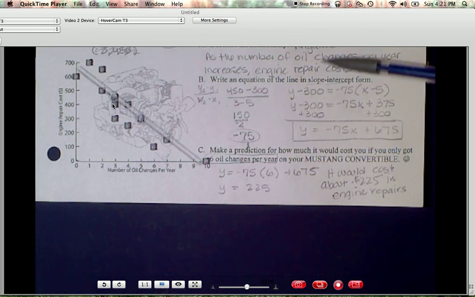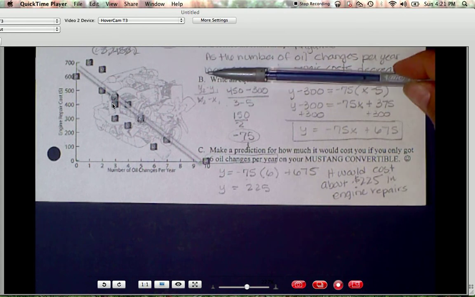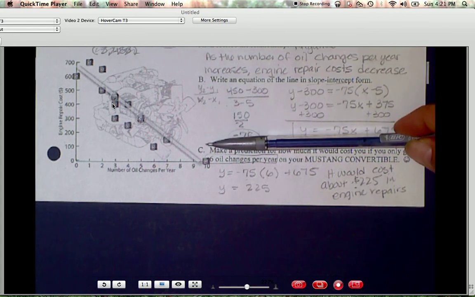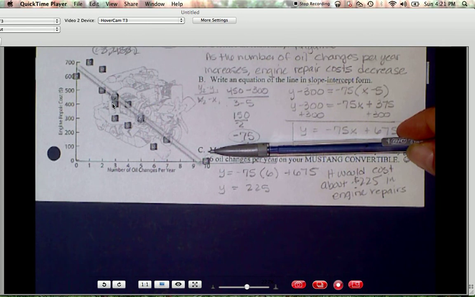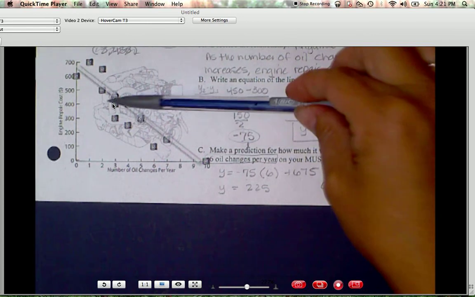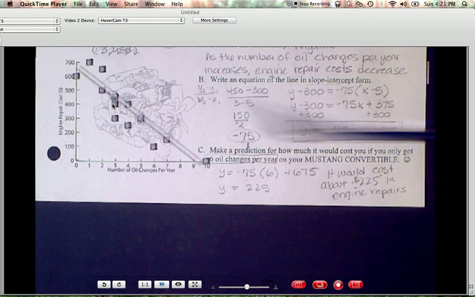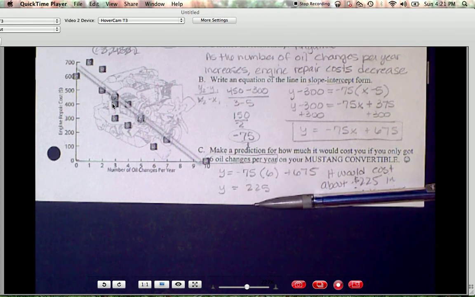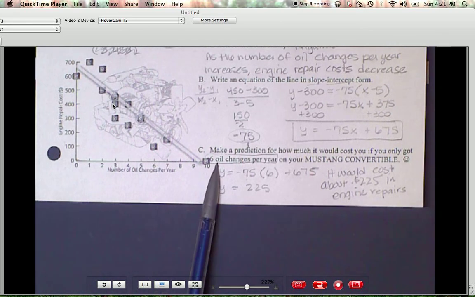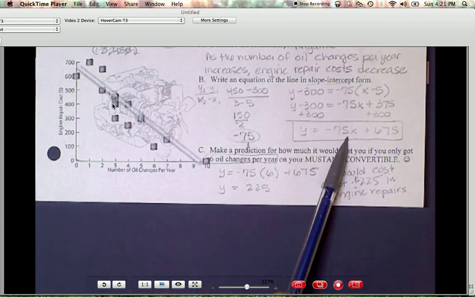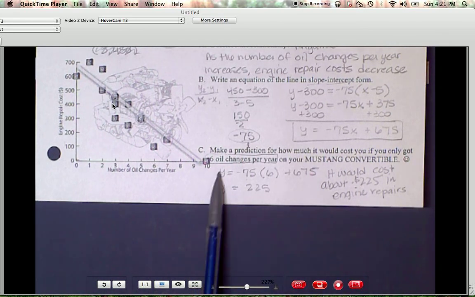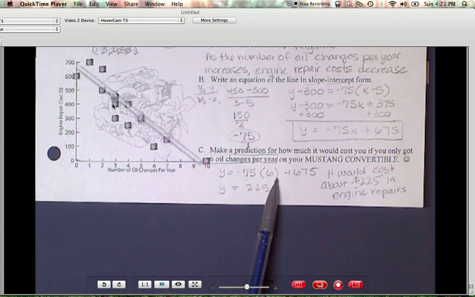This first section here is all things that we already know how to do: writing an equation of a line when you're given 2 points. You just have to find the 2 points from the graph or look up at the table. Write that equation. Once you get to the equation, then the information that you're given is either going to be plugged in for the x value and you solve for y, or plugged in for the y value and you solve for x.